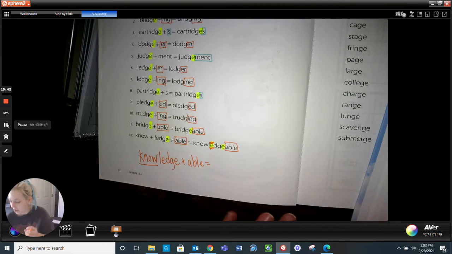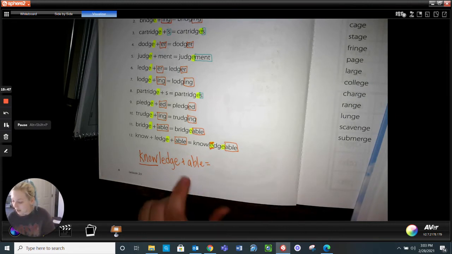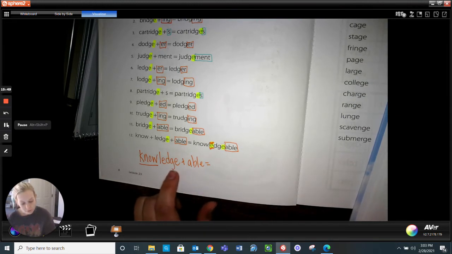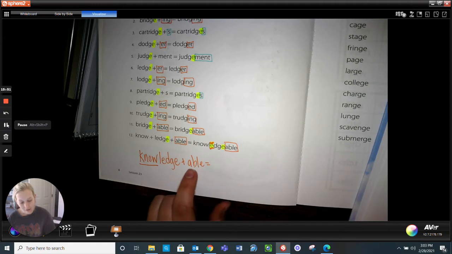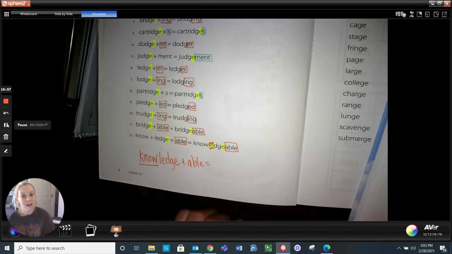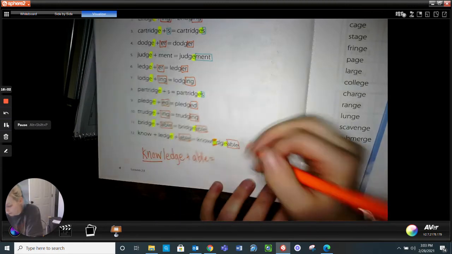And why do we not drop the E? Because if we did drop the E, the G would be before an A, and therefore the G would say G. But G may say J before an E, I, or Y. So that's why we keep the E in that word.